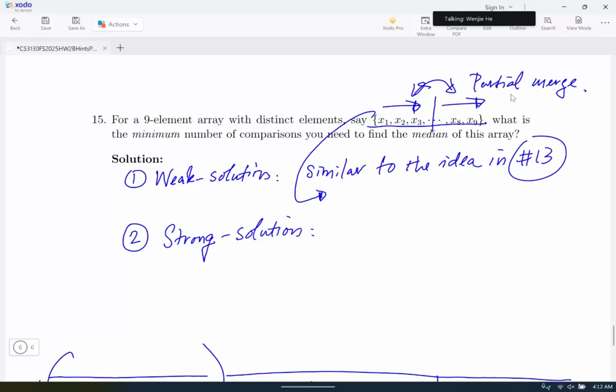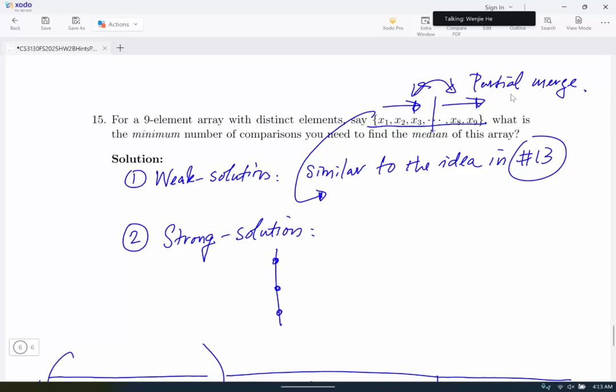This time, your arrangement should be completely different. Group this 9-element array into 3-element subgroups.